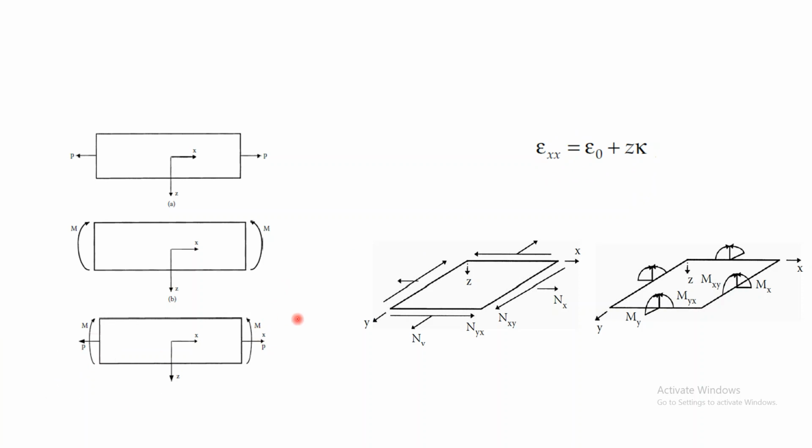Okay, so when you apply both of these loads, the overall strain can be calculated by using this equation. The only thing you need to understand is that this is because of the load P, and this factor is because of the bending moment M. Okay. So this is the generalized case, where only the load is applied in its direction.